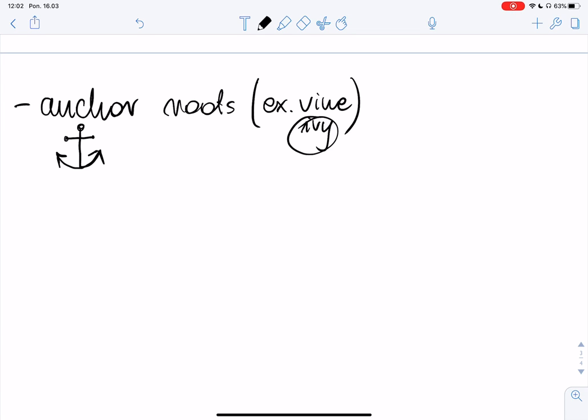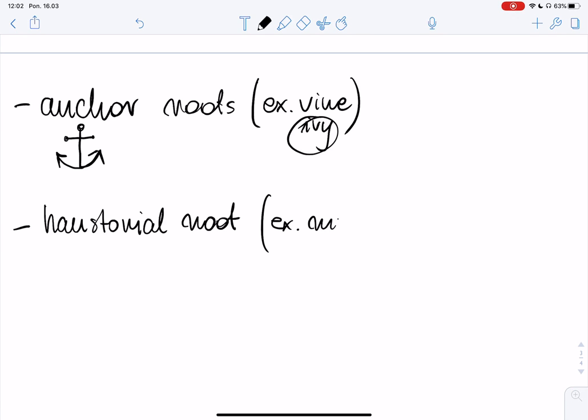And guys, on page 108, you have the very last type of root that we have in here, and this is the haustorial root. And guys, example is, as you can see, mistletoe.